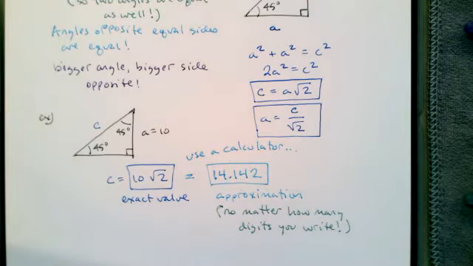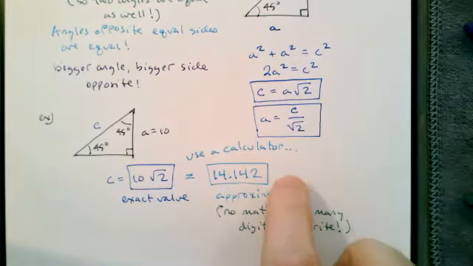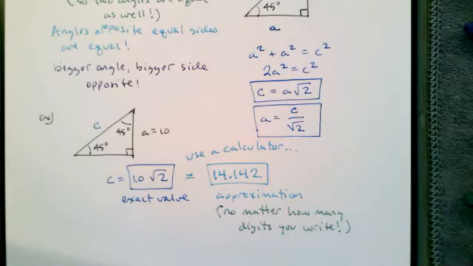So it's important to recognize that as soon as you put an irrational number into your calculator, you're looking at an approximation no matter how many digits you write. I could write 50 digits after the decimal point, still an approximation. It's going to be a very close approximation, but it's still an approximation.